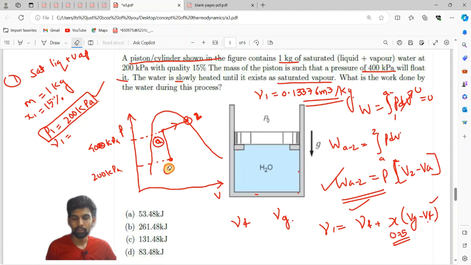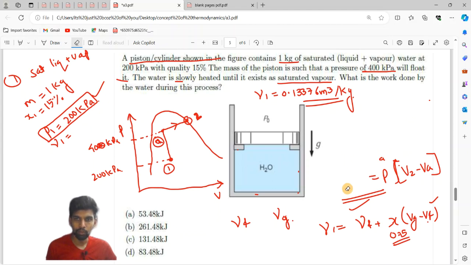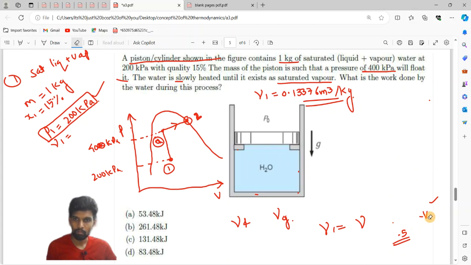The property at state A we can't calculate directly, so we are calculating it at state 1, because the quality at state 1 is given, and specific volume at state 1 will be equal to specific volume at state A, because from 1 to A it's a constant volume process. So we have got the value of V1, which is nothing but equal to VA.